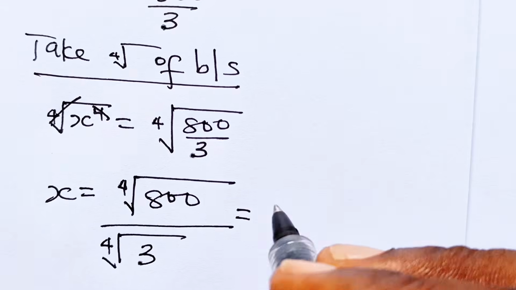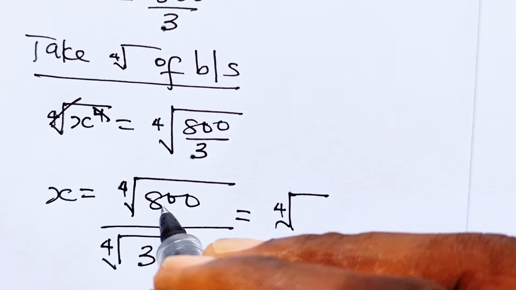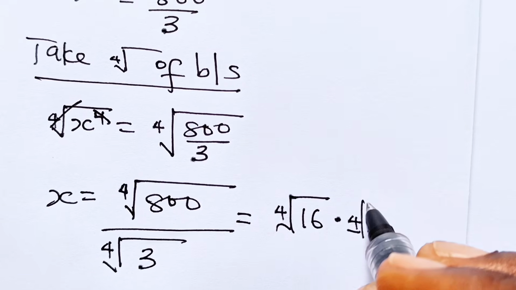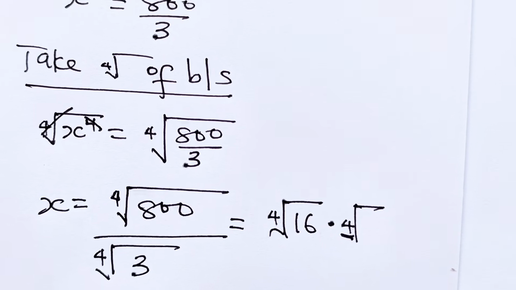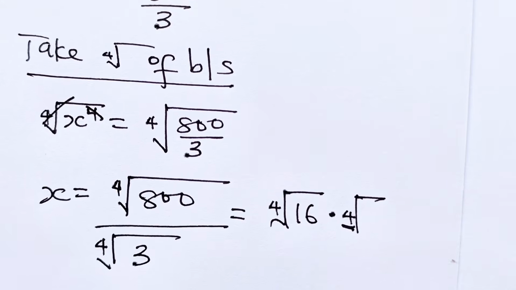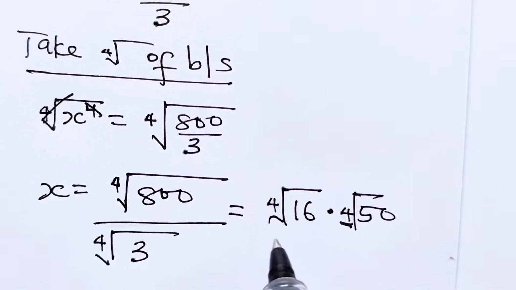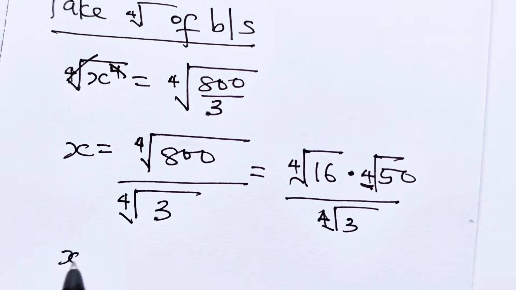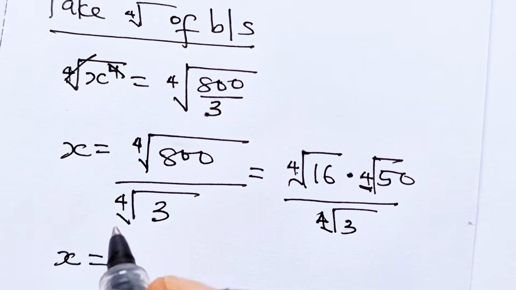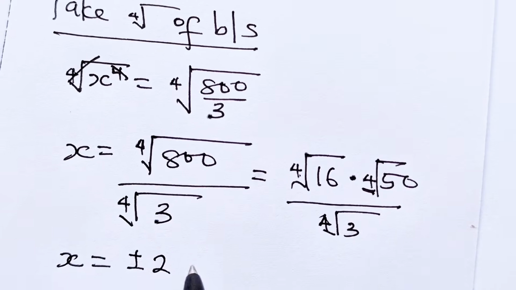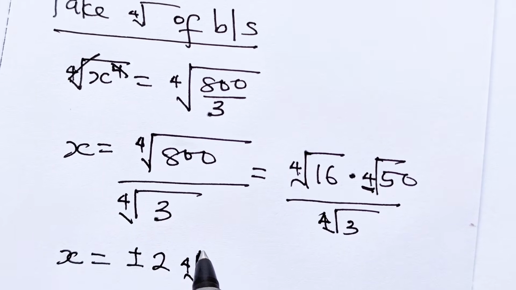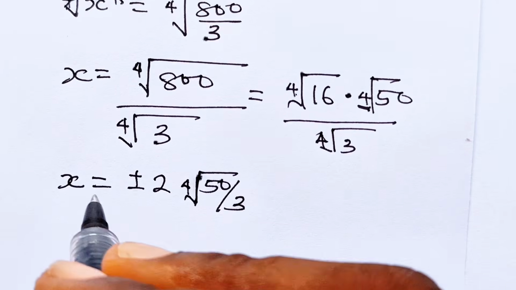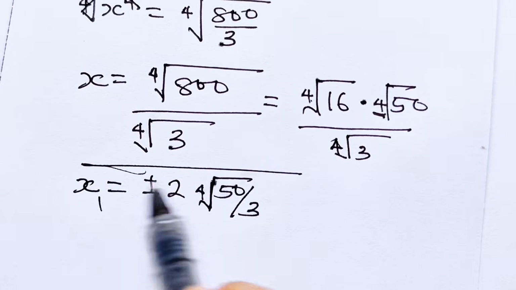This can also be written as fourth root of 800, which is the same thing as 16 multiplied by 50, divided by fourth root of 3. So we have x is equal to fourth root of 16, which is plus or minus 2, then fourth root of 50 divided by 3. Let's bring this together again, and this is the first value of our x.